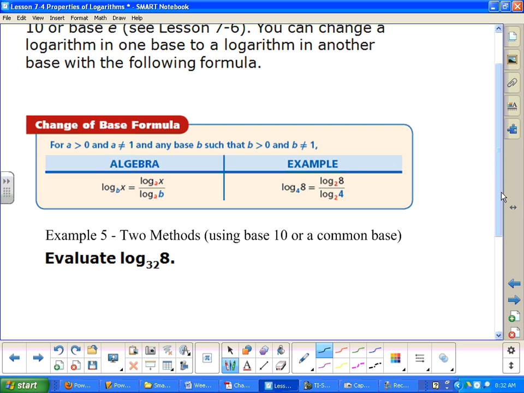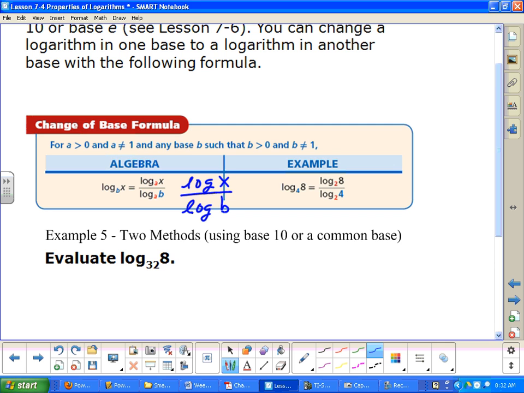So this says if I have the log base b of x, it equals the log base a of x over the log base a of b. And when I do these problems, I don't even worry about this being some other base. You can, but you can just do it as the common log and just say the log of x divided by the log of b. Because for the most part, you're just going to use the common log on your calculator.